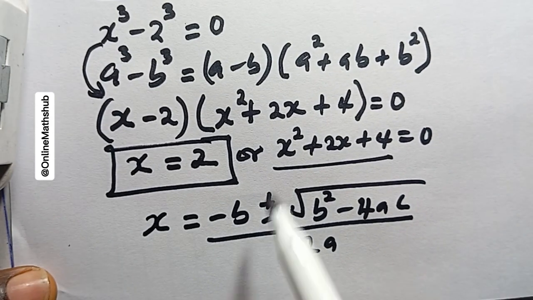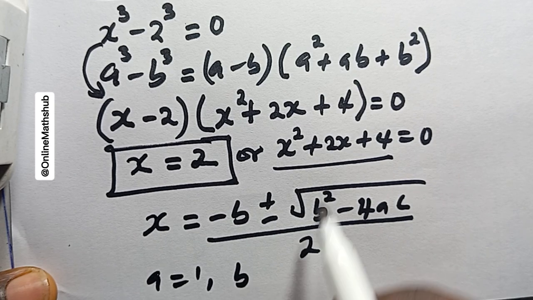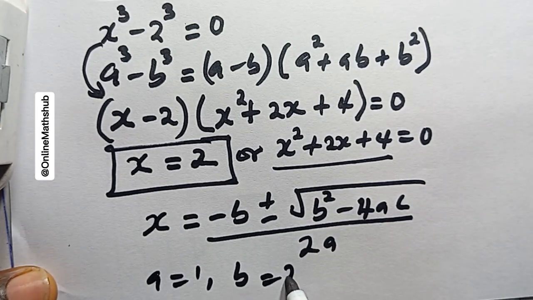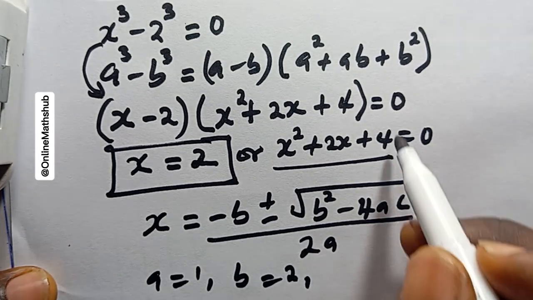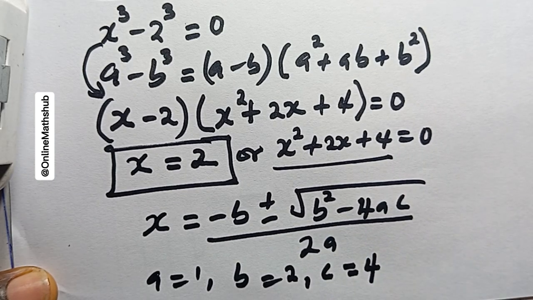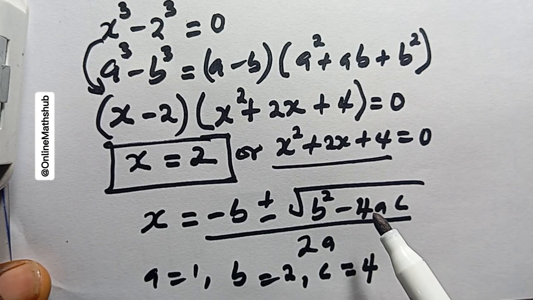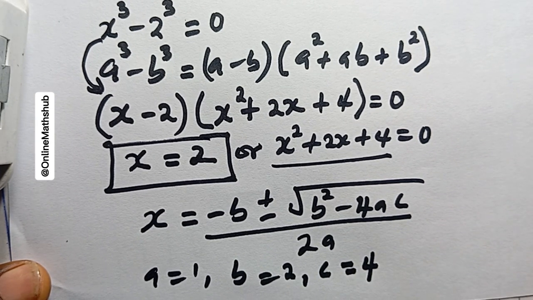In this case a, which is the coefficient of x squared, is equal to 1, b, which is the coefficient of x, is equal to 2, and c, which is this constant here, is equal to 4. So I'm going to go ahead and replace all of these values in this equation right here, so that I can obtain the value of x.